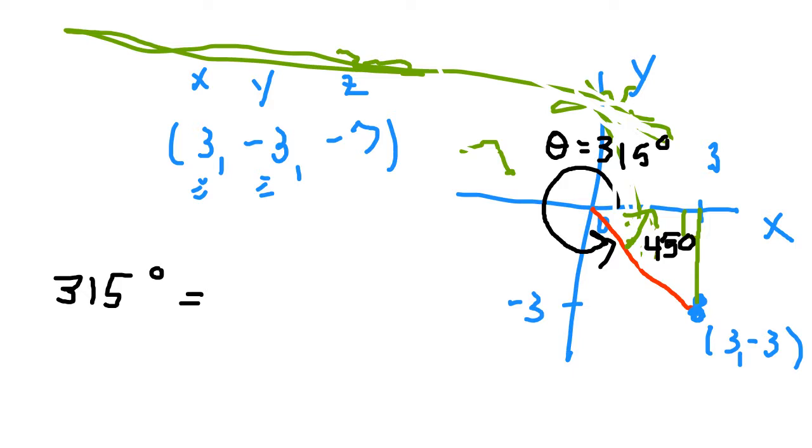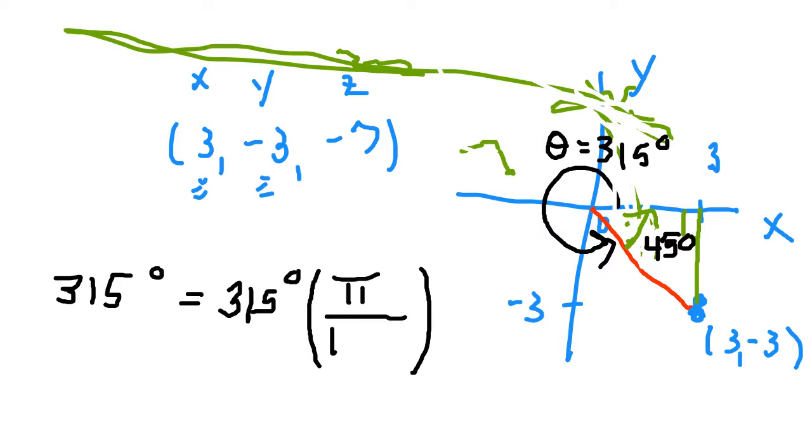Because in WebAssign, you have to have your coordinates in terms of radians. What are we going to multiply 315 degrees by? Good, Lexi. Pi over 180 degrees.